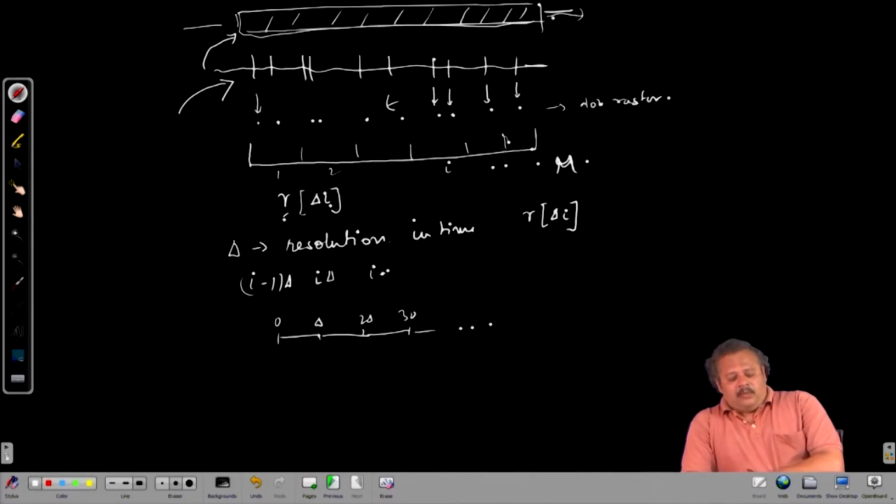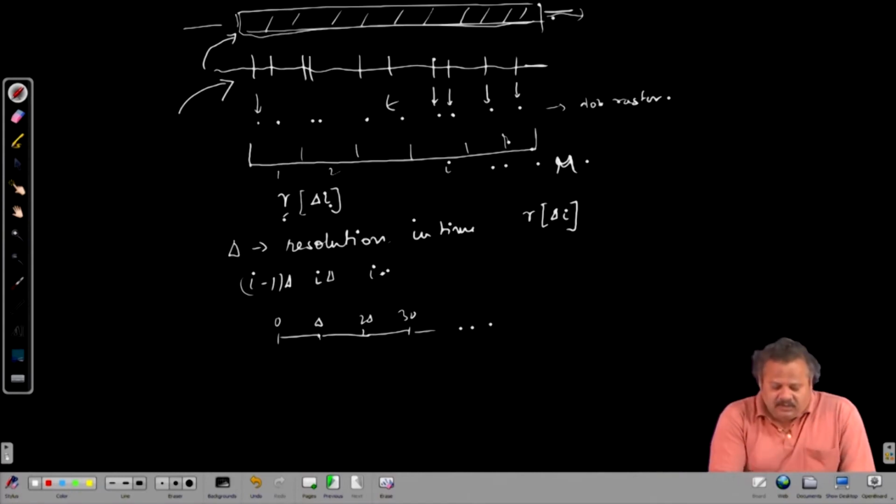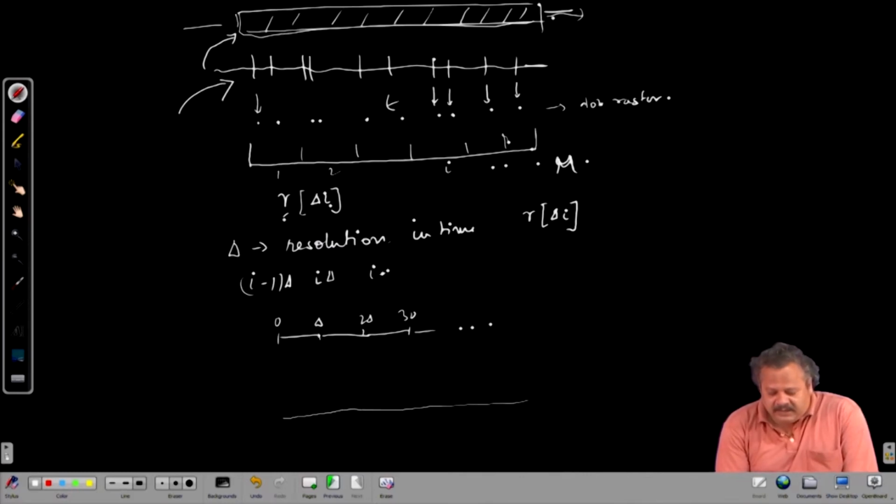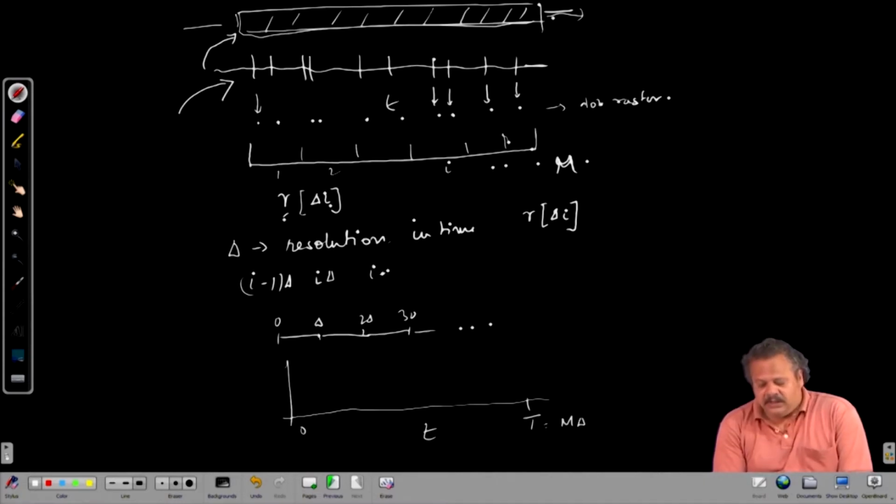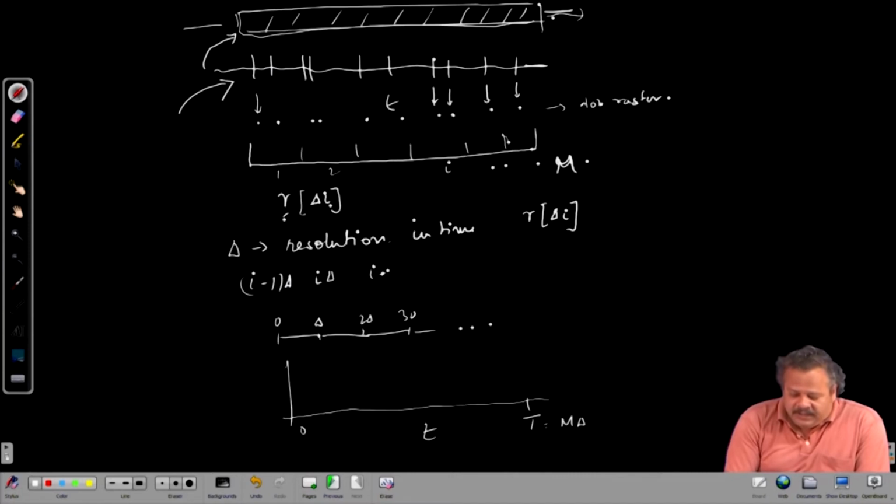So, what we are then left with is essentially a representation of the rate as a function of time, where let us say this is 0, and this is our capital T, which is equal to M delta, and for each delta window there is this rate, in spikes or the number of spikes occurring per second within that delta window.